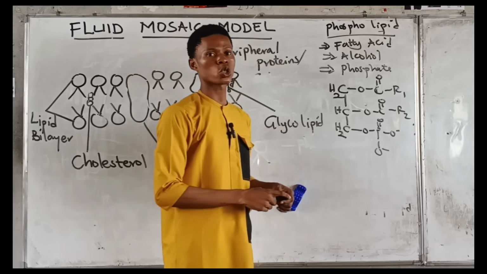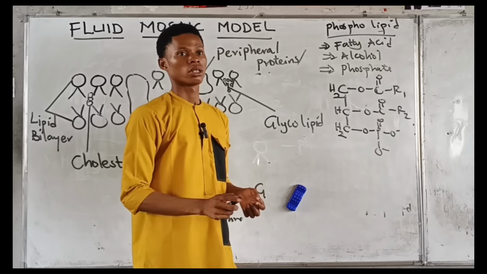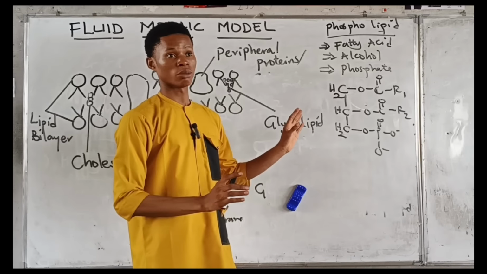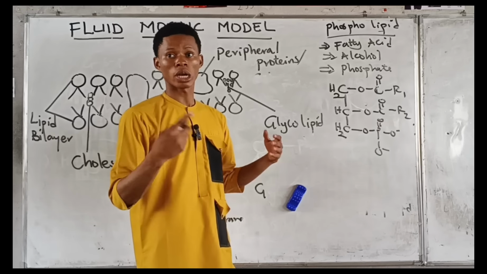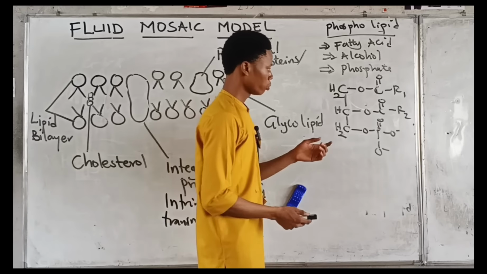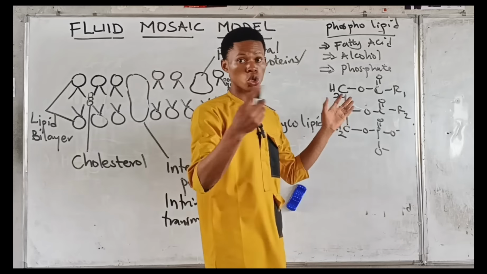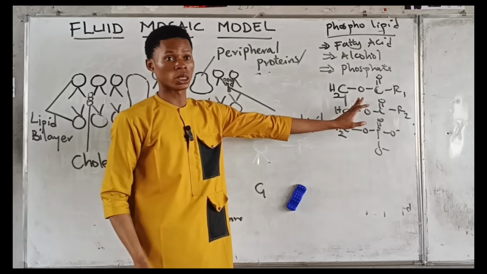Now, this is how phospholipids look. Don't bother about knowing how to draw them now. If you want to know how to draw them, we are going to do that later. It's already on my channel too, but we are going to still do it. But in this course, in this topic, you must not know how to draw it.